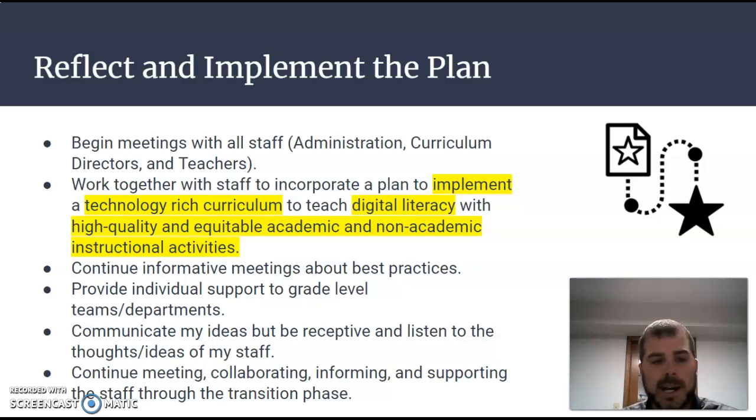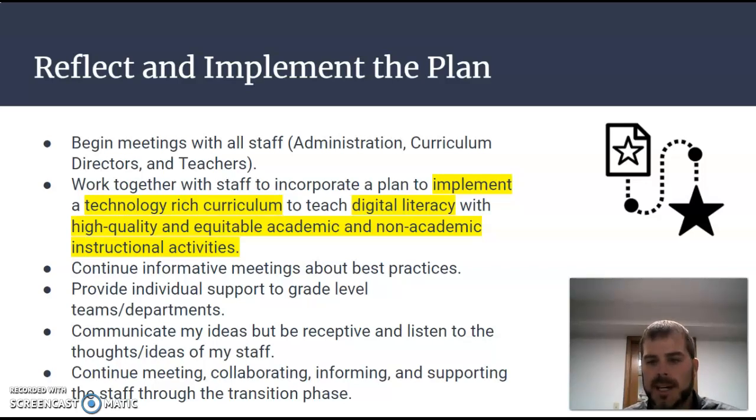I would try to provide individual support to grade level teams and departments to give more individualized help to them. I would then communicate my ideas to all my staff periodically, but be receptive and listen to their thoughts and ideas. I think that's the best way to go about it.